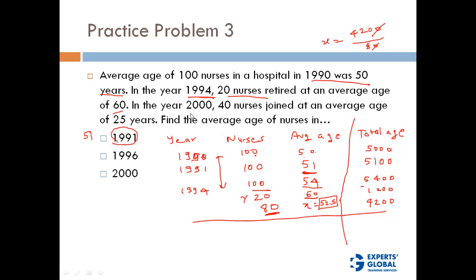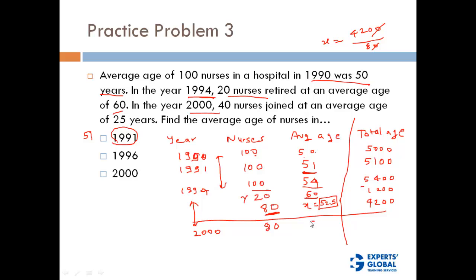The next event is in 2000. From 1994 till 2000, the same average age is going to continue, just that it will increase by 1 year each year. So at the start of 2000, we still have 80 nurses, and what is the time span here? We are talking about 6 years.